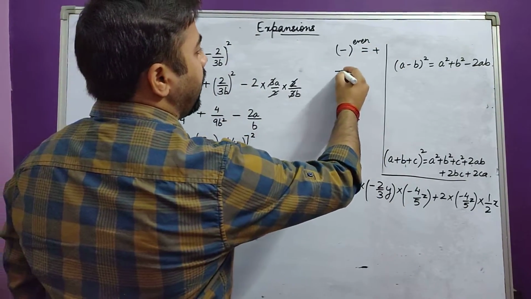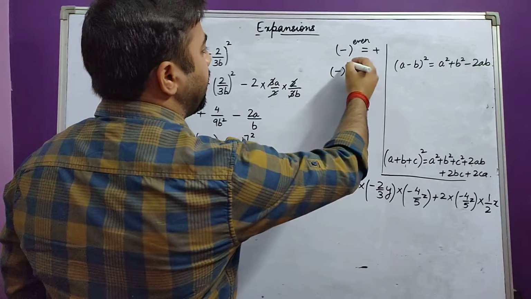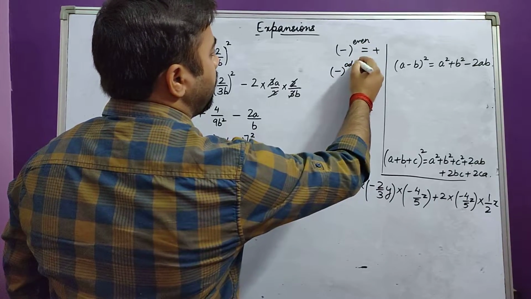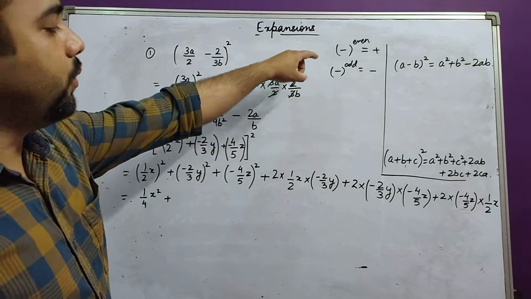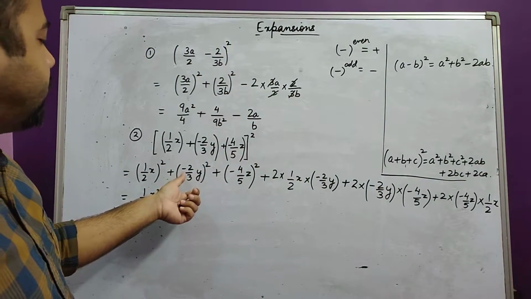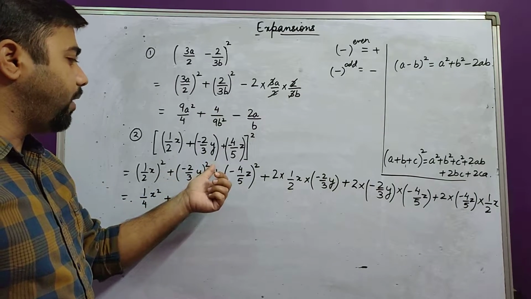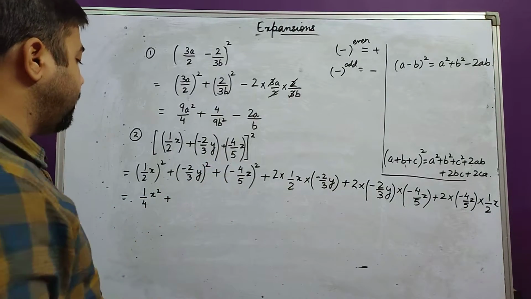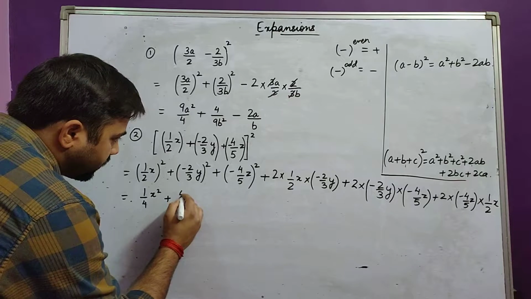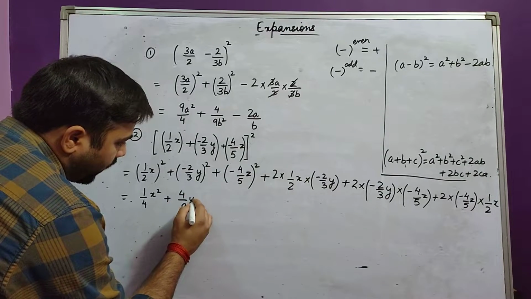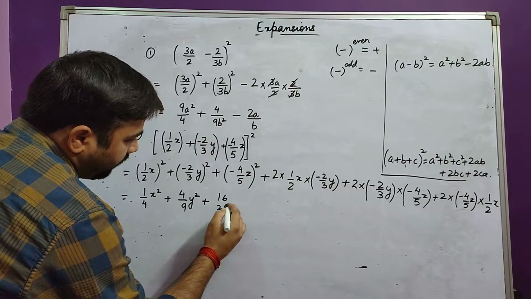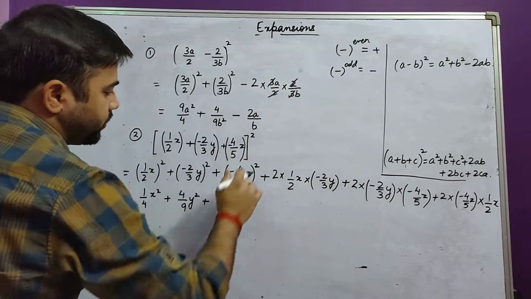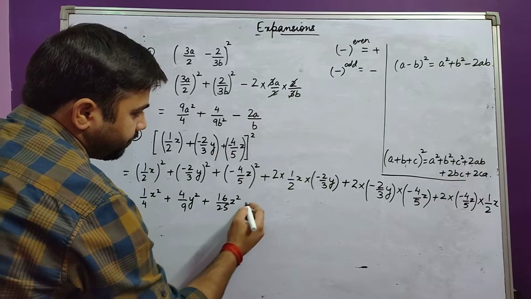But when we have a negative number inside the bracket and there is an odd power, you will be getting a negative sign. So we will be using this thing over here. We have a negative sign over here, but there is an even power, that is 2, and therefore we will be getting a positive sign, plus 4 by 9y square plus 16 by 25 z square.